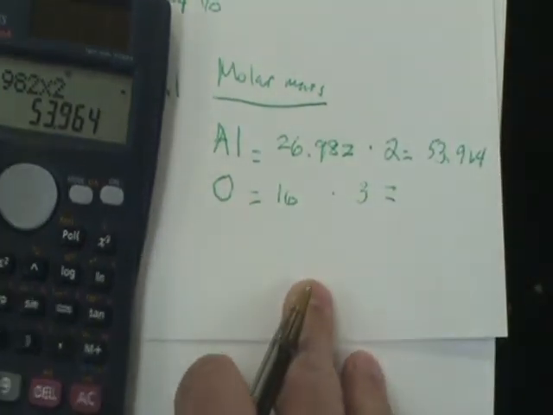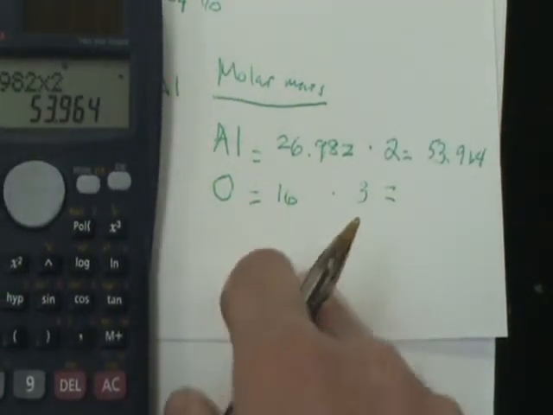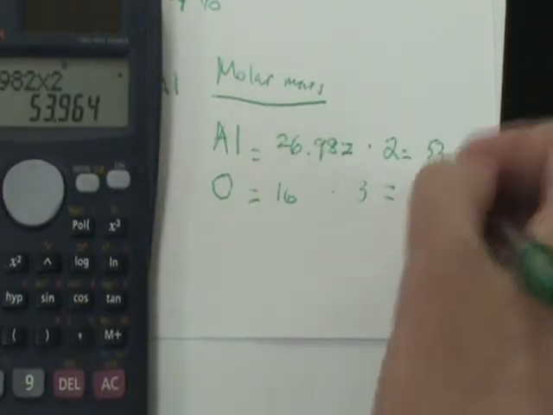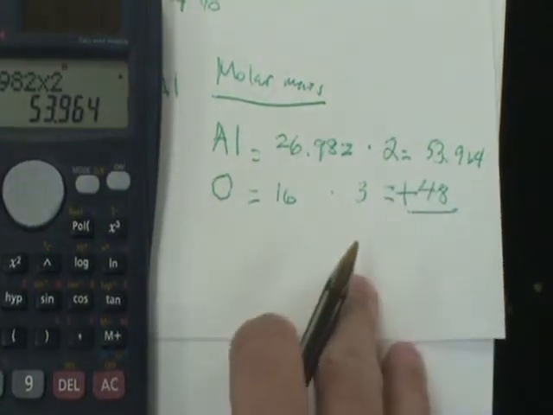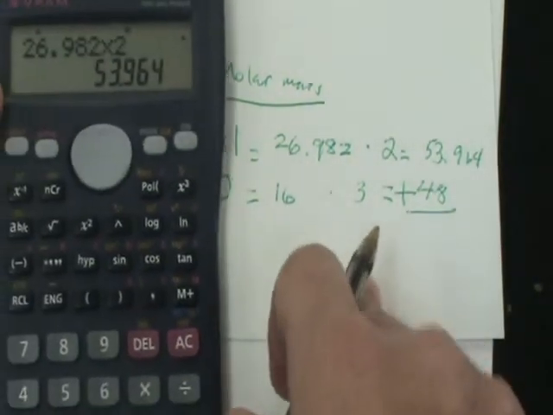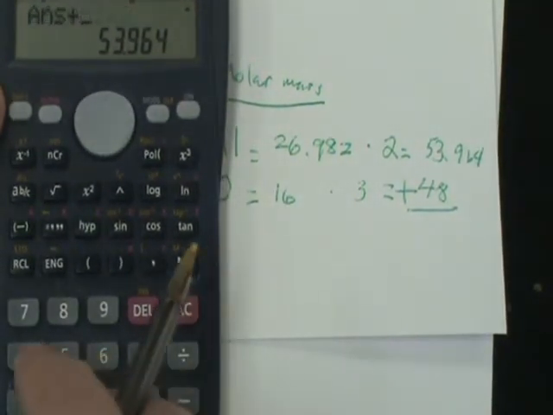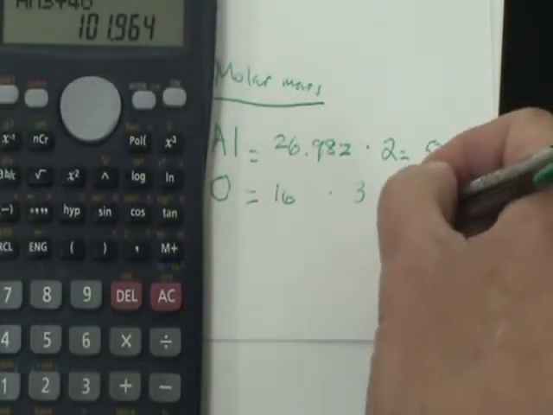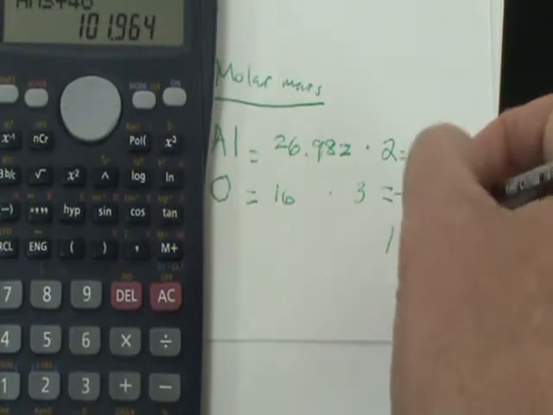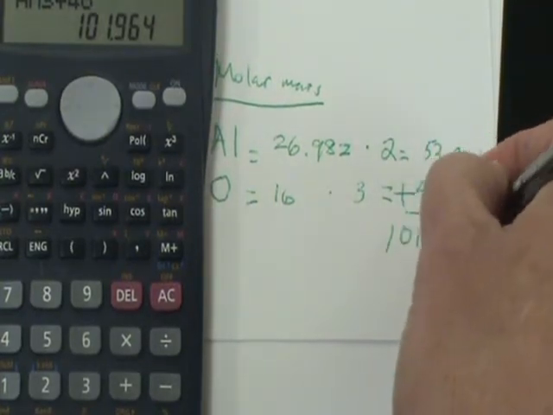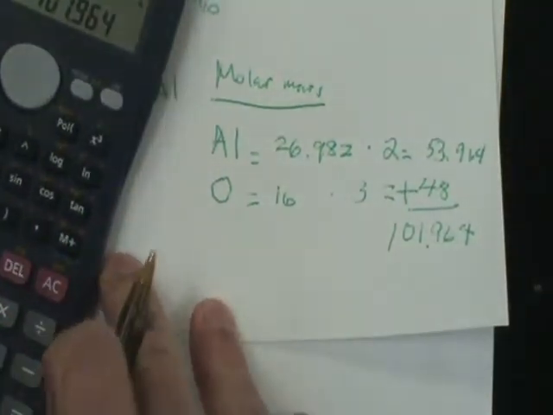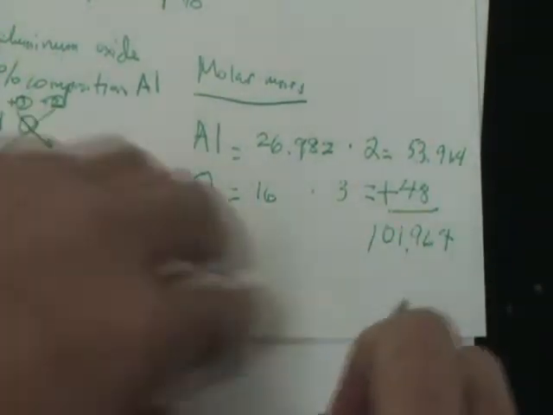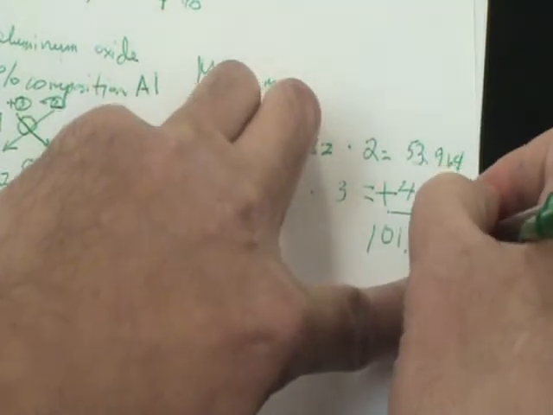You guys see that? There it is. And then 16 times 3 is equal to 48. And we add them up, so that's plus 48. That comes out to 101.964. So now we've determined the molar mass of the whole compound, which is 101.964 grams.